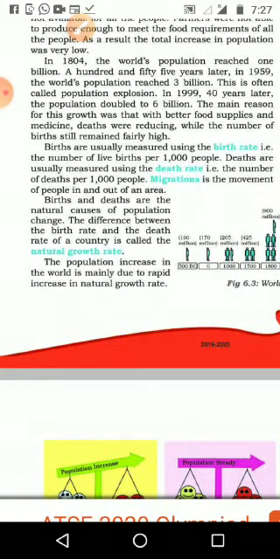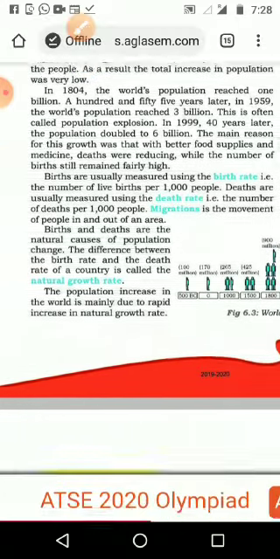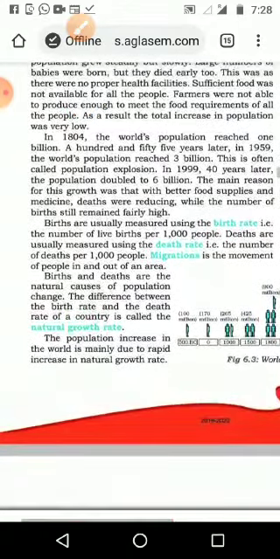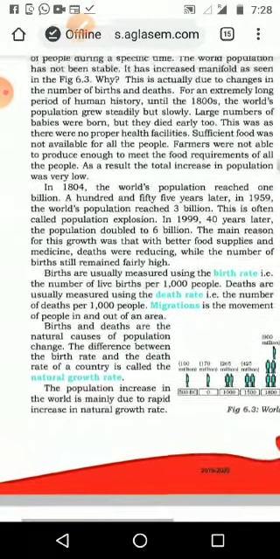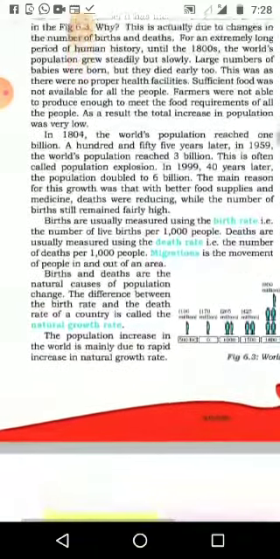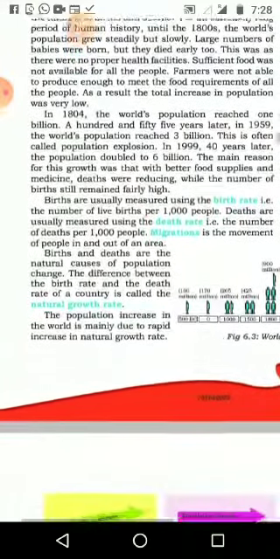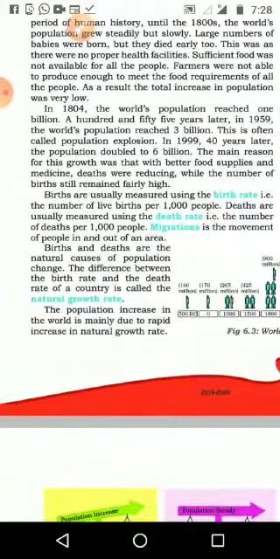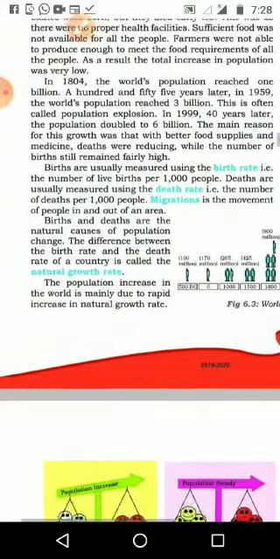Means every 50 years, 1 billion people were added. This is often called population explosion. Which one is known as the population explosion? The triple growth of the population from 1804 to 1959, that is from 1 billion to 3 billion, is known as the population explosion.